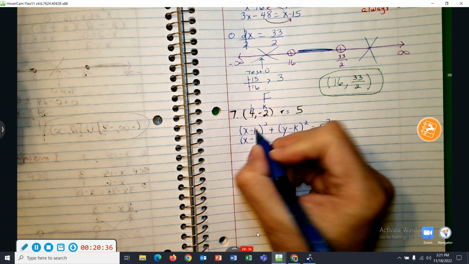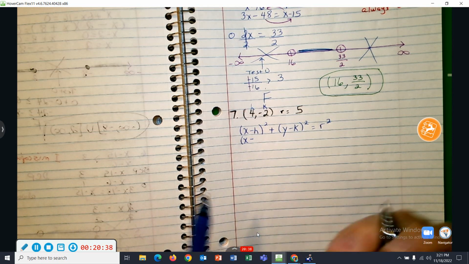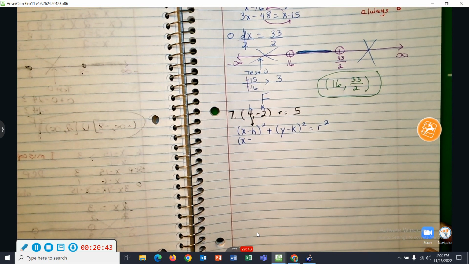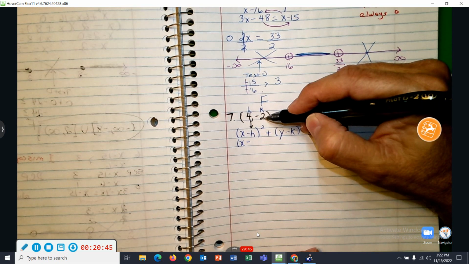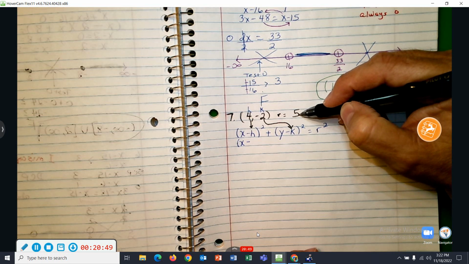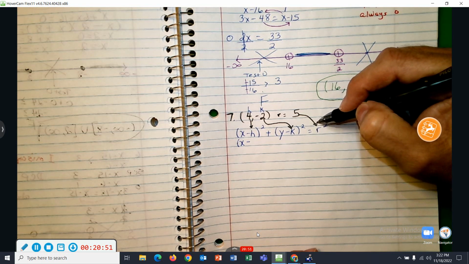Now be careful. You're replacing the h with a 4. You're replacing the k with a negative 2. Now that's going to be the tricky part. Replace the r with a 5.